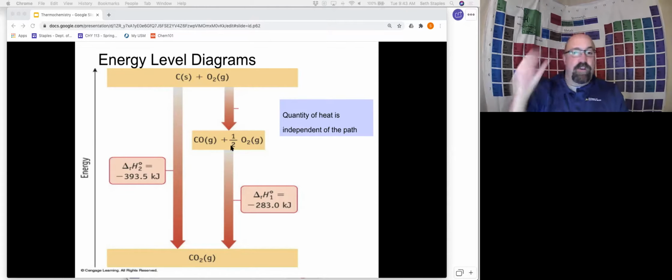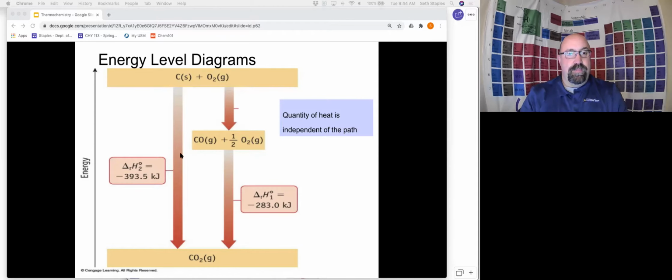The only thing that we have to remember is that when we reverse a reaction, we reverse the enthalpy difference. And so we have the enthalpy of this forward reaction going this way is negative 283.0 kilojoules. That just means that our energy difference going the other way, if we're going from CO2 to CO plus half O2, is going to be positive 283.